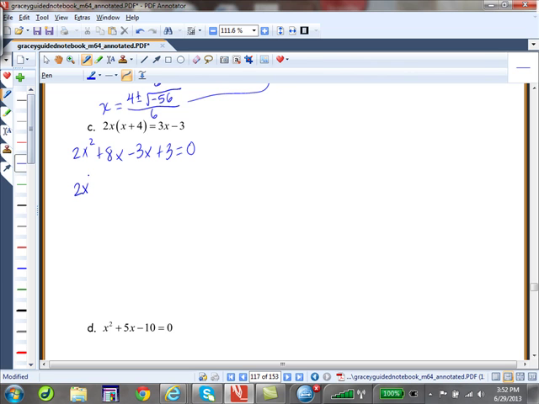So we'll have 2x squared plus 5x plus 3 is 0. So what's my a? Good, it'll be 2. My b is 5. My c is 3. And I got those from here once we got it in standard form.